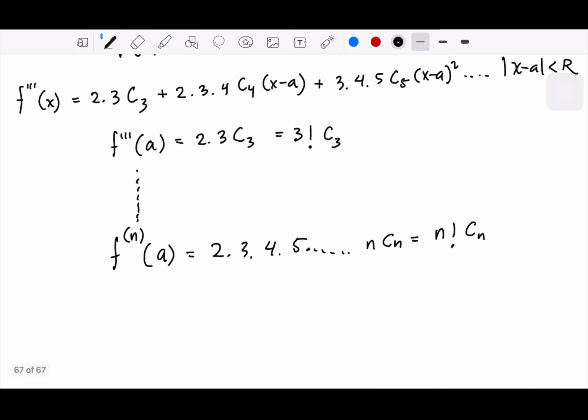And the coefficient itself, we get that this is f^(n) of a divided by n factorial. And this formula is still valid for n equals 0 because 0 factorial is 1.